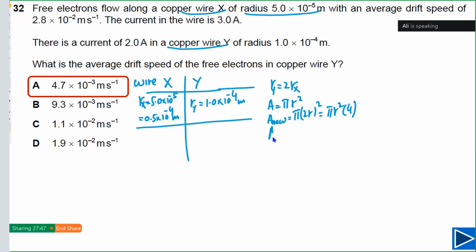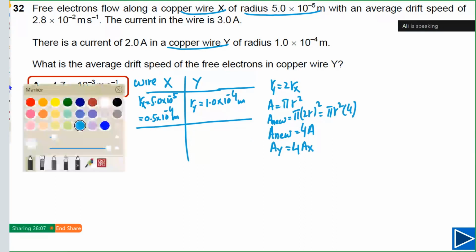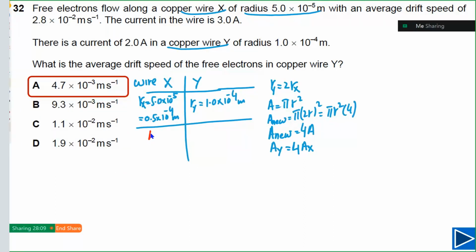So the new A is equal to 4 times A. Here we are talking about Ay and this is Ax. So the area of wire Y is 4 times greater than the area of wire X. We can say the area of wire Y is A, so the area of wire X has to be A by 4. It's a beautiful way of writing this when you do a comparison.